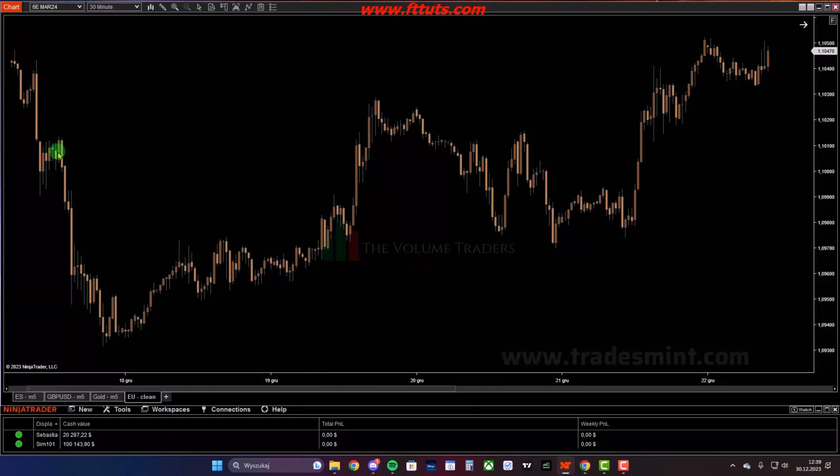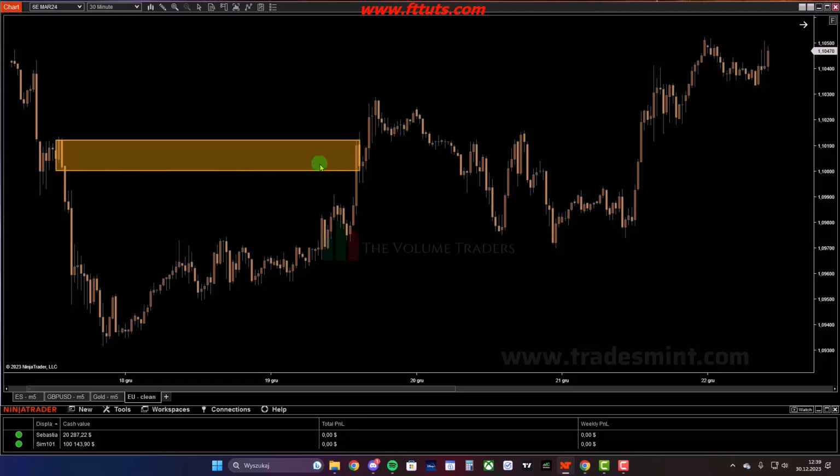The indecision candle forms when there are equal numbers of buyers and sellers, so we could say no one is in control of the market. I will mark this like that, as a zone.